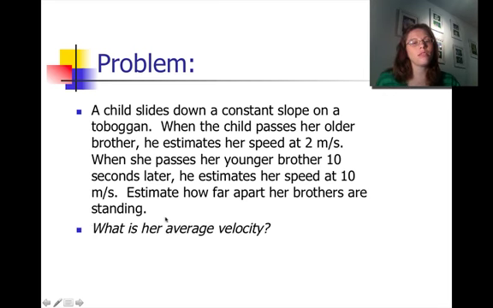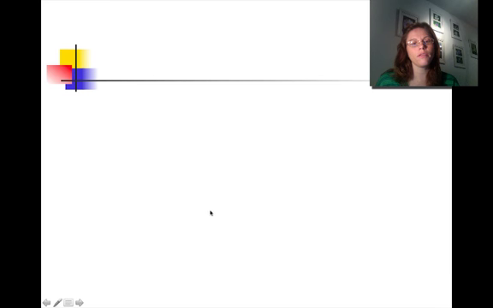Okay, so to do this problem, it's helpful to know what the child's average velocity is. It's also helpful to have a picture of what's going on. So let's draw a picture. Well, since it's snow, I'll draw snow, and then here's the toboggan.